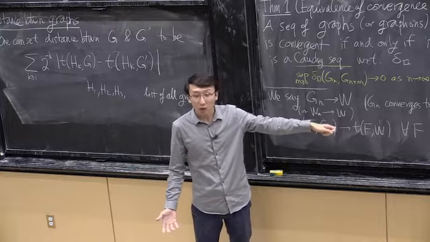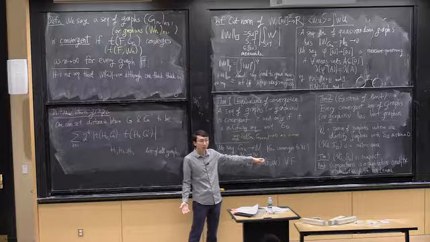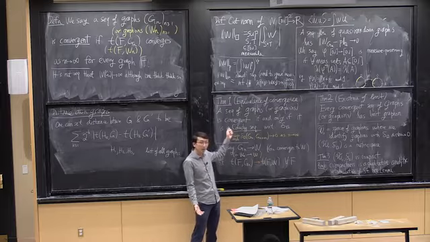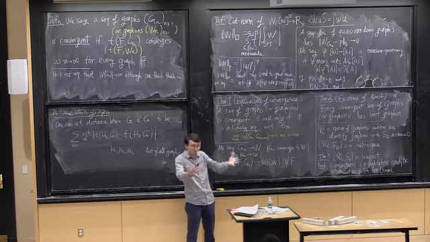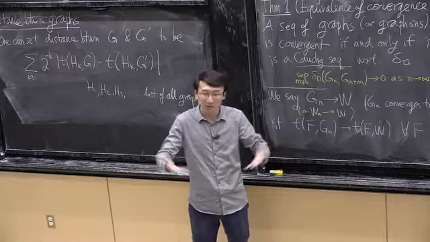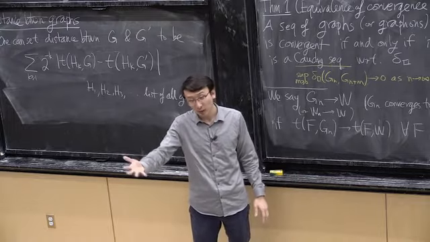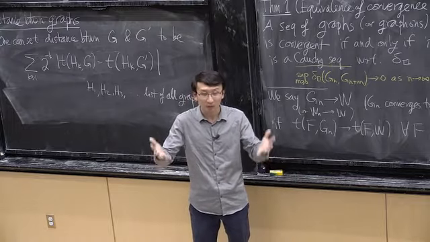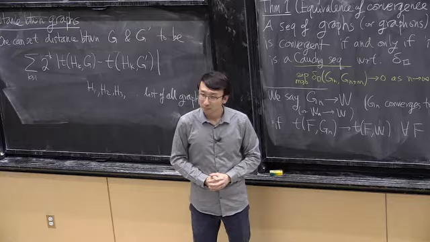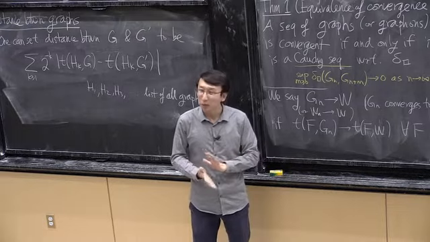Theorem 3 is just about the metric, the cut metric. The point of theorem 1 is that you have these two notions of convergence, one having to do with subgraph densities and the other having to do with cut distance. And in fact, they are equivalent notions.